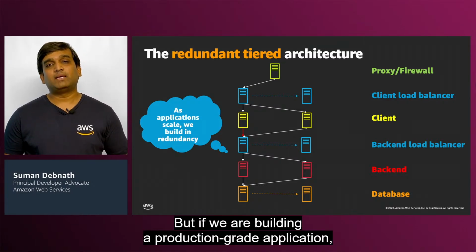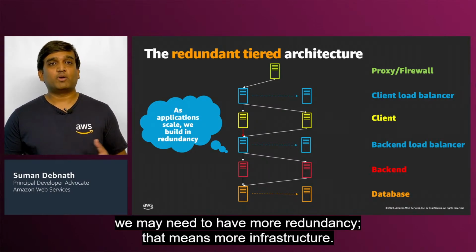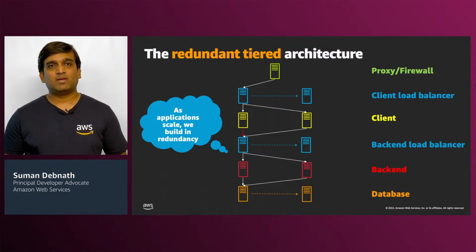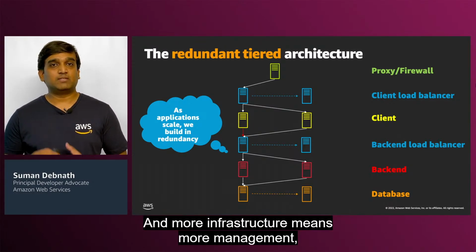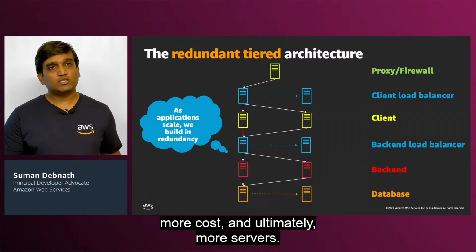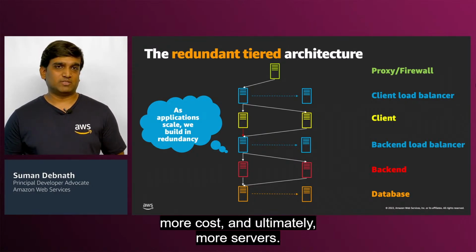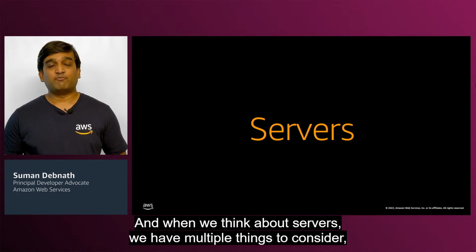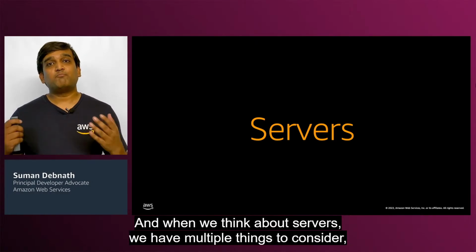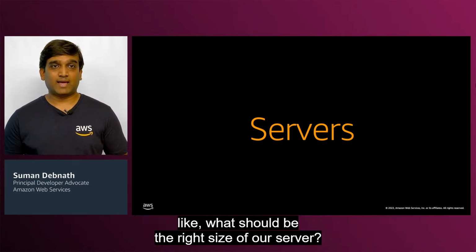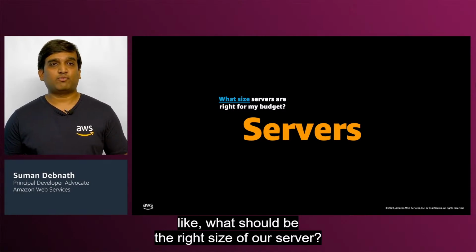But if we are building a production grade application, we may need to have more redundancy. That means more infrastructure. And more infrastructure means more management, more cost, and ultimately more servers. And when we think about servers, we have multiple things to consider, like what should be the right size of our server?